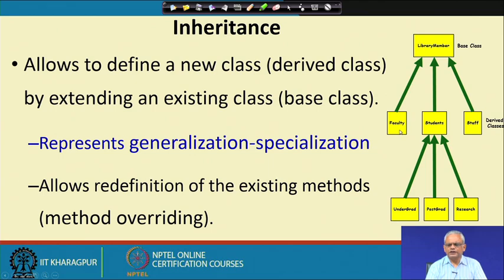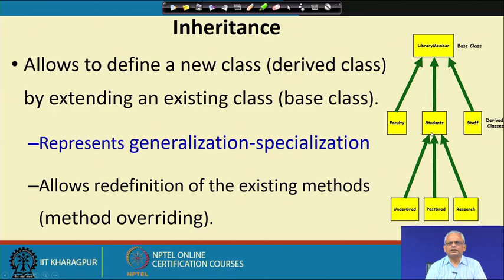The common characteristics among different members are represented as the base class, and the faculty, student and staff are the child classes or the derived classes, and each of these adds a few more attributes and operations to the base class.